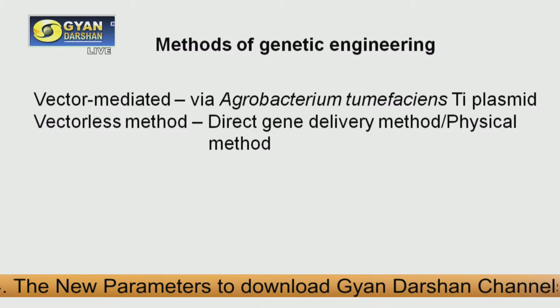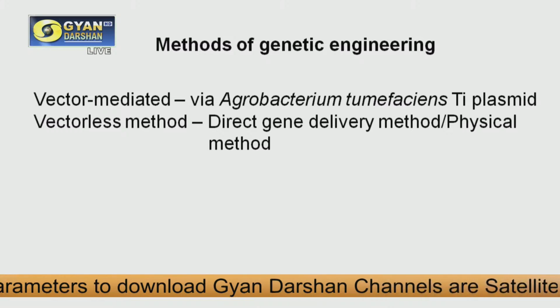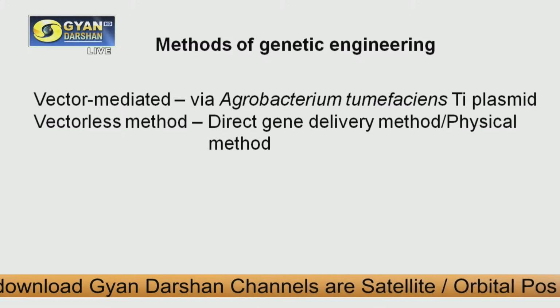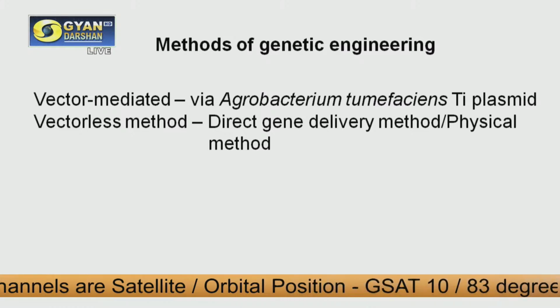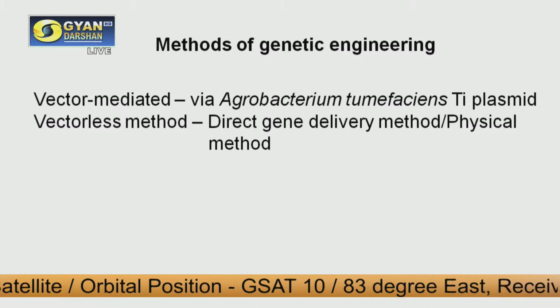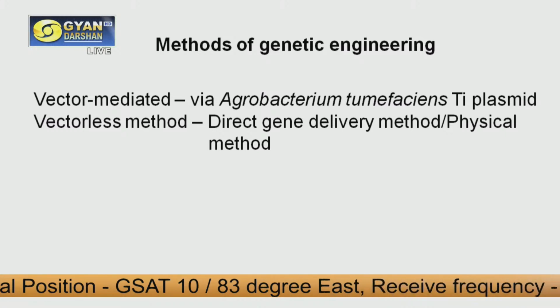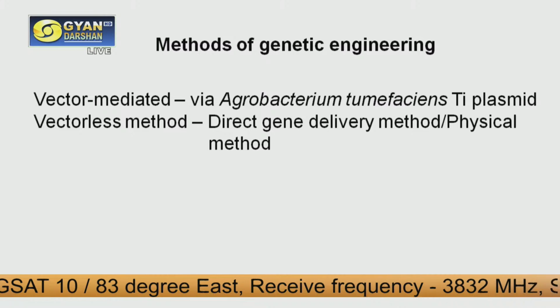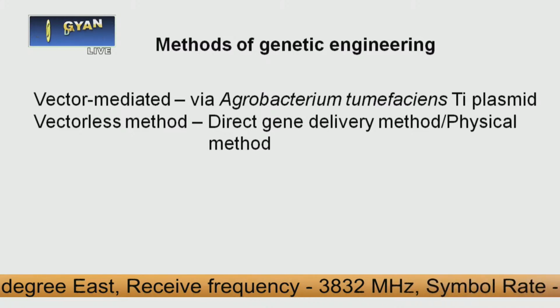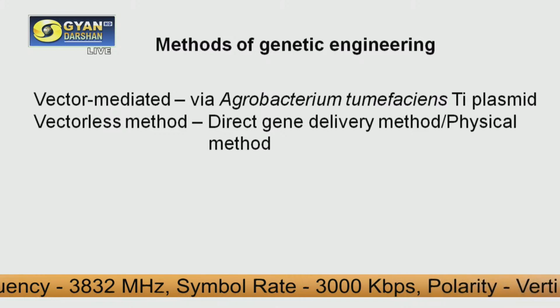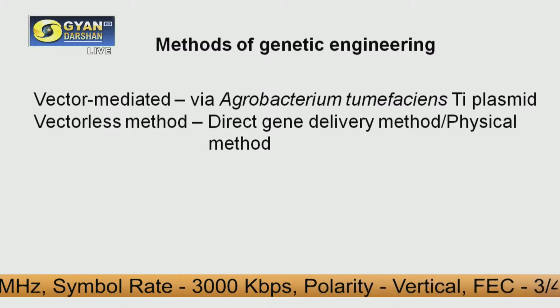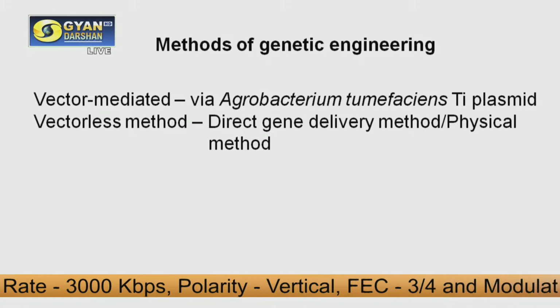In one of my earlier sessions, I discussed in detail the procedure for Agrobacterium tumefaciens mediated transformation, its advantages and disadvantages and so on. Everything has been discussed. And this is vector mediated because you have the Ti plasmids, which contain the T-DNA region, and there you do all kinds of engineering.